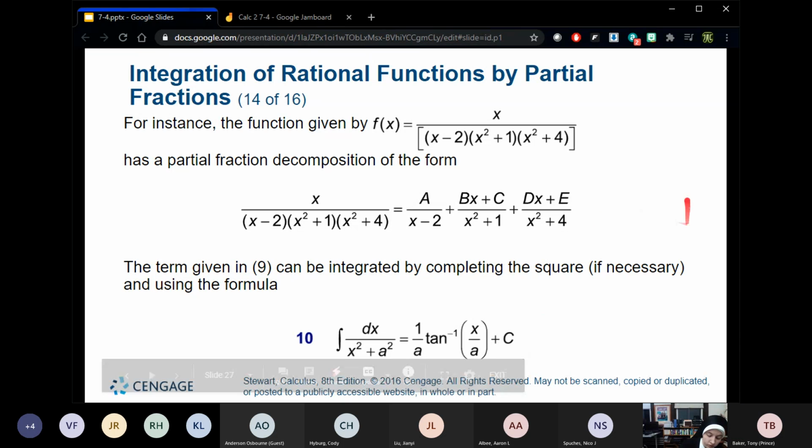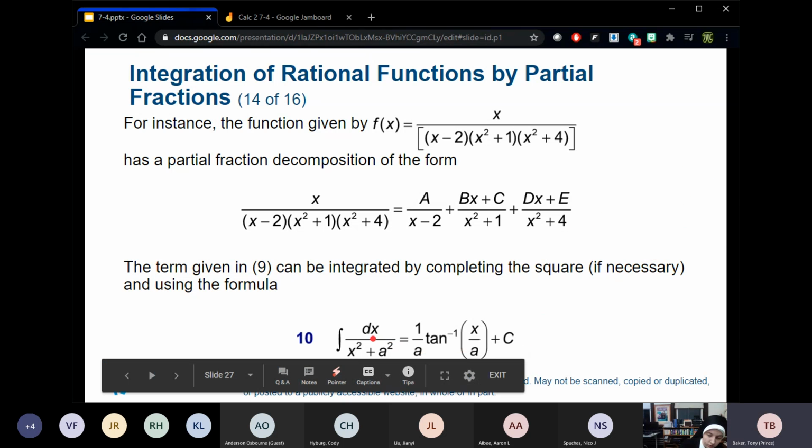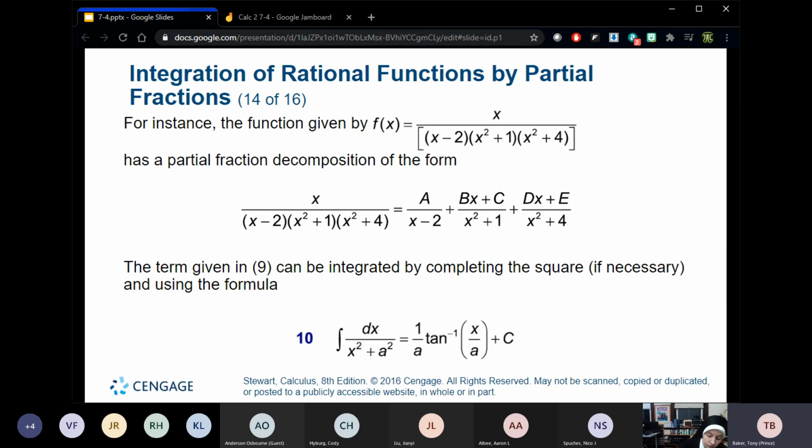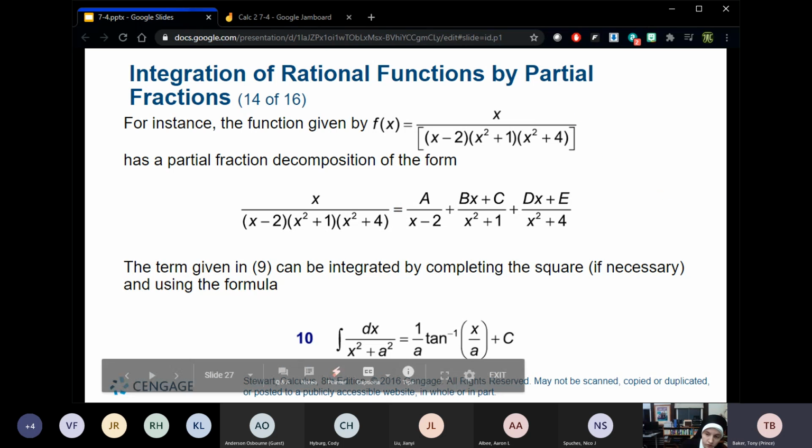Now, if you get an integral that has a constant over x squared plus a squared, since I'm going to have to do u substitution to get rid of that bottom, I need an x on top. If you do not have an x on top, then this is the formula for the integration. It's going to be 1 over a, the inverse tangent of x over a, plus c, obviously.